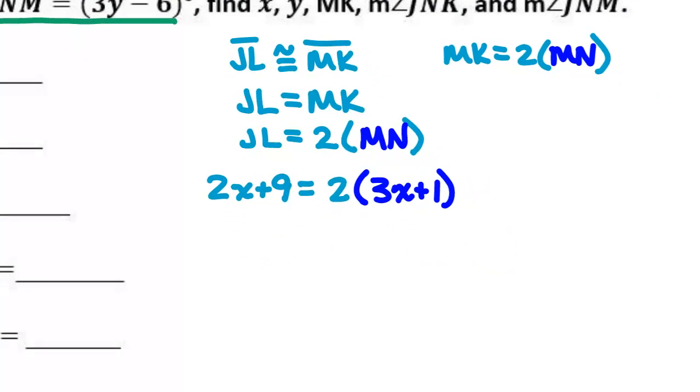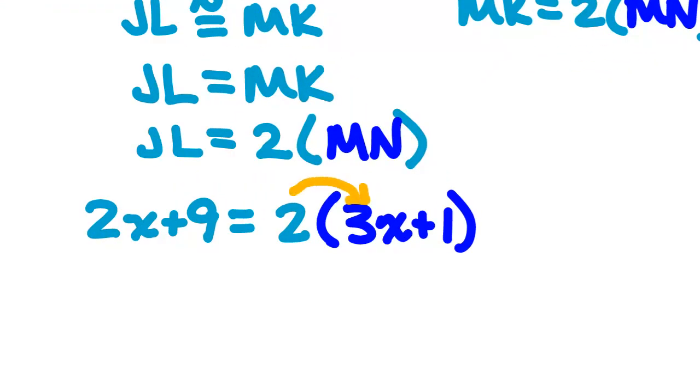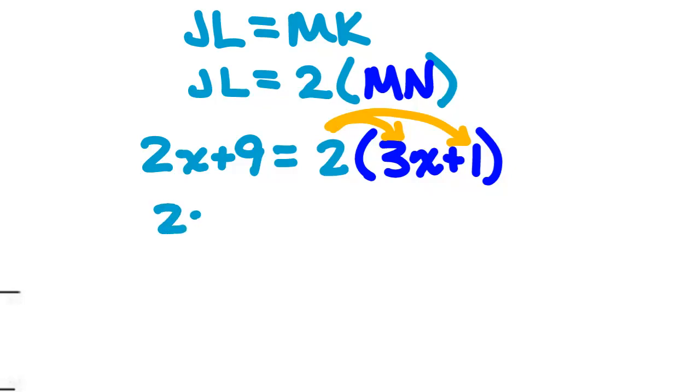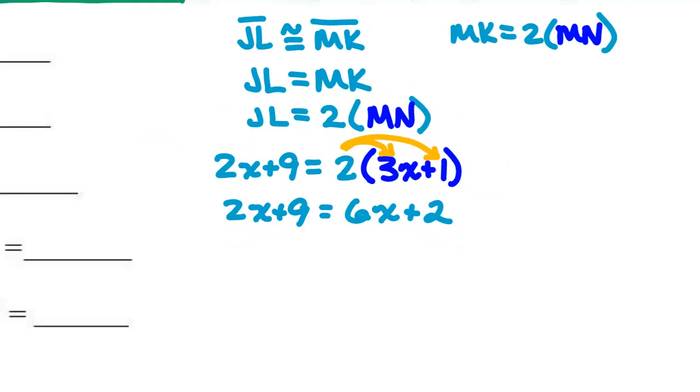What's the first thing I need to do now that I've made those substitutions? Distribute the 2. So I would have 2x plus 9 is equal to 6x plus 2. What do I do now?